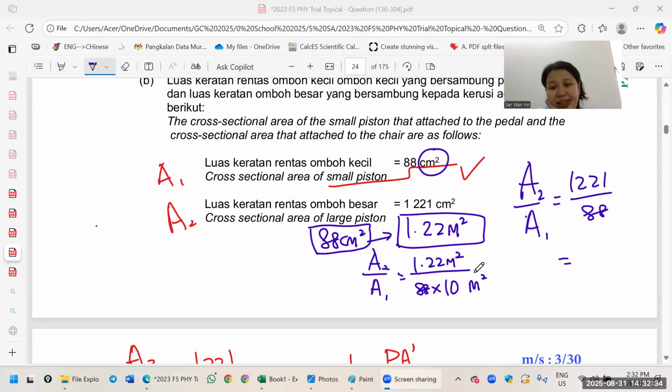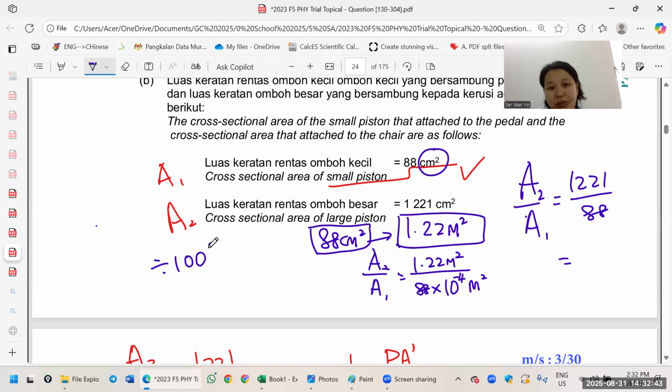Yes, thank you, Daniel. Times 10 to the power of -4. Divided by 100 squared actually means per 10,000. So 1, 2, 3, 4 means 10 to the power of -4.